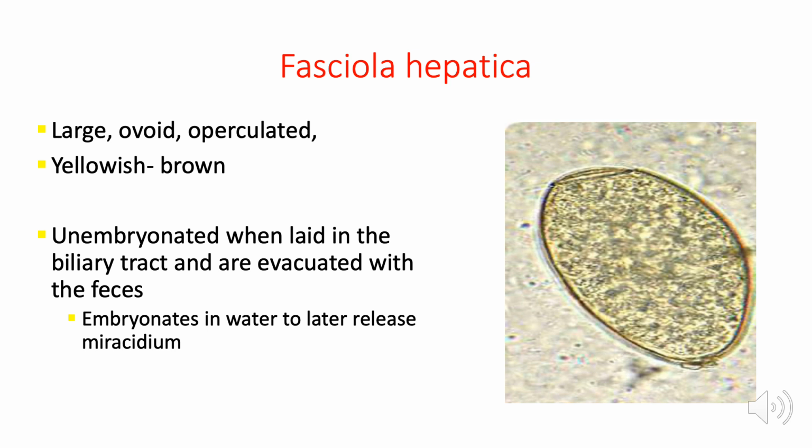Now, since the adult worms are found within the bile duct, the female worm will lay the eggs in the bile duct and the bile will drain into the duodenum. So expect that the diagnostic specimen for the diagnosis of fascioliasis is the feces or stool.